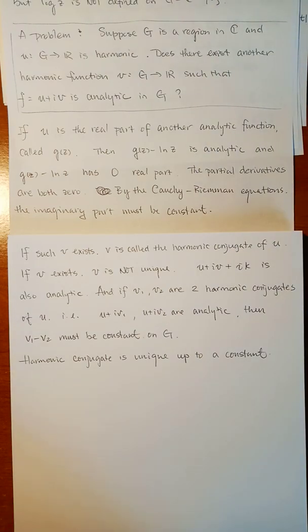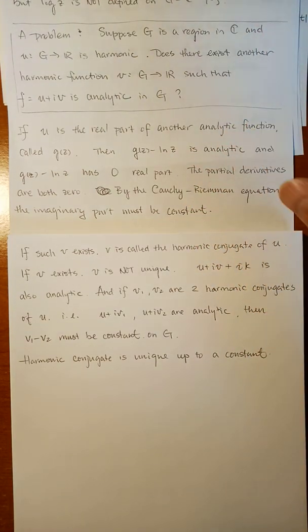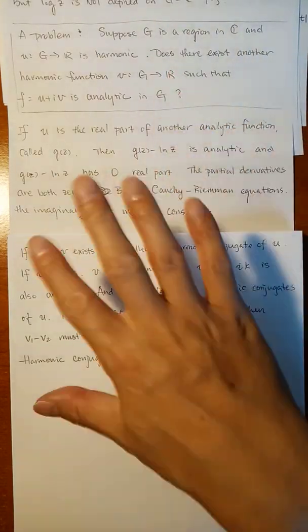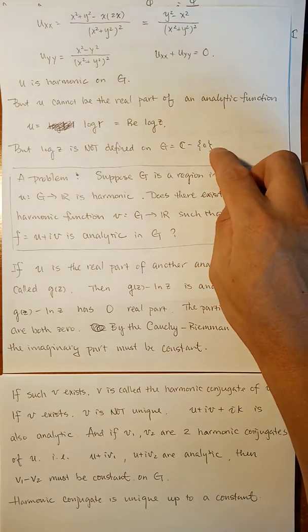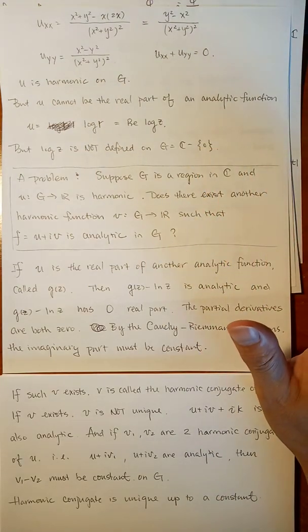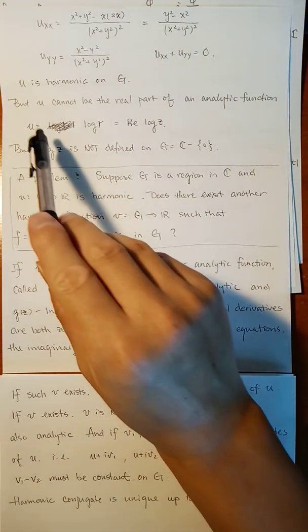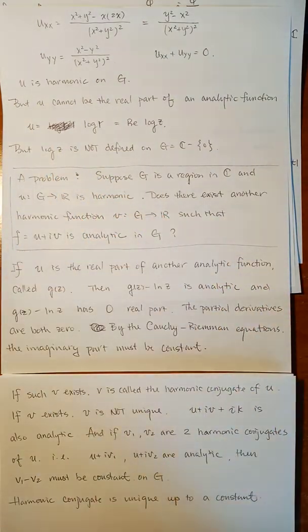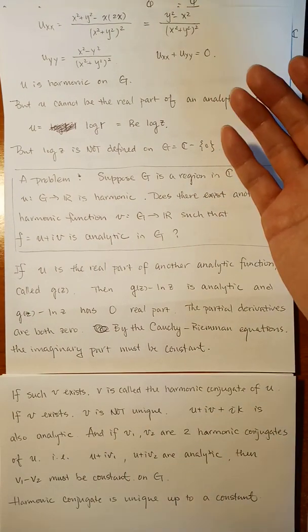Okay, let's stop here, so this lecture is done. In the next video, we're going to show how we can solve this problem in certain regions, not in all regions. At least you can see that in the region C minus 0, this problem cannot be solved, because you do have a harmonic function which has no conjugate, but clearly there are harmonic functions which have a conjugate.